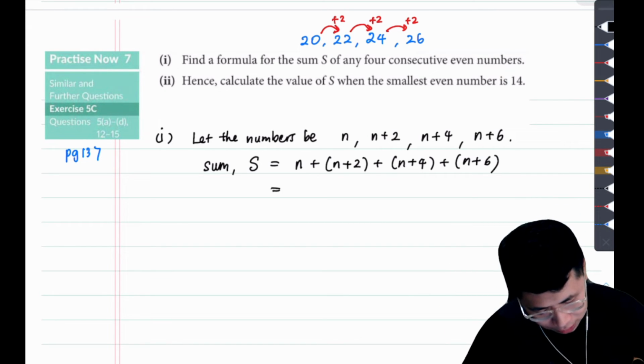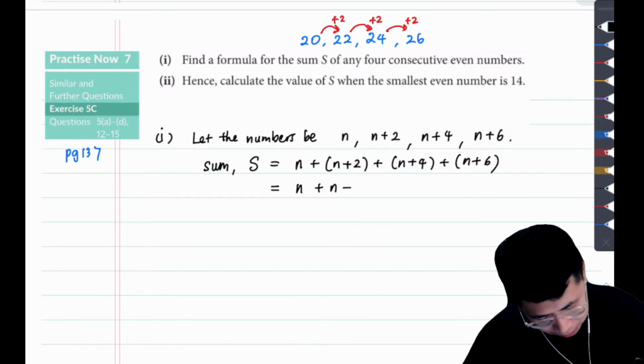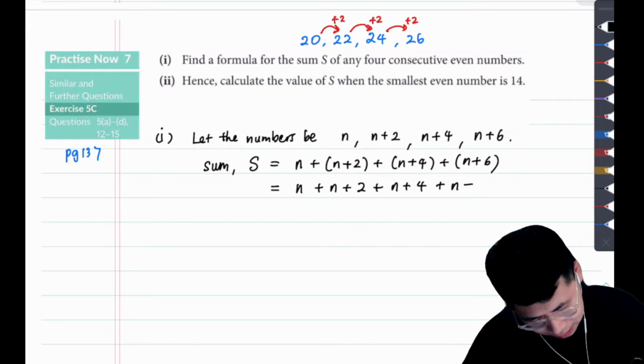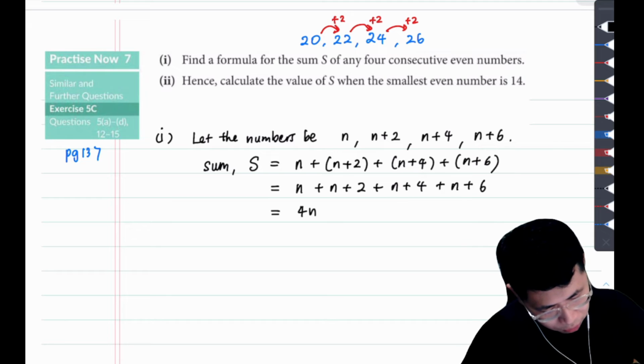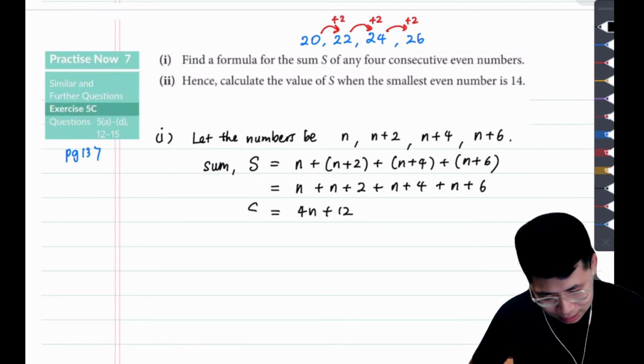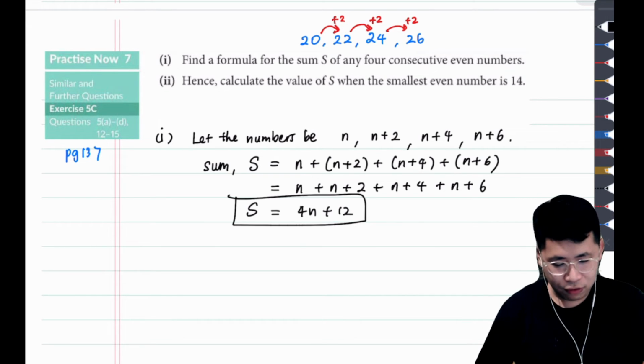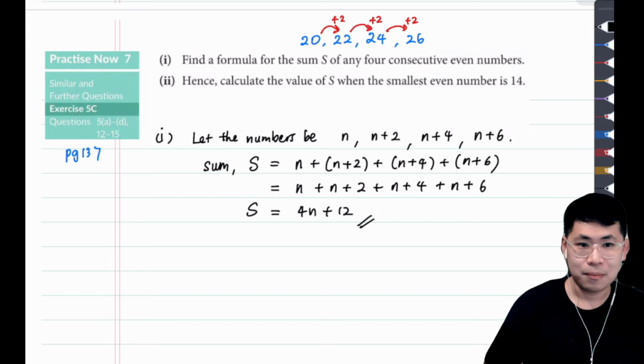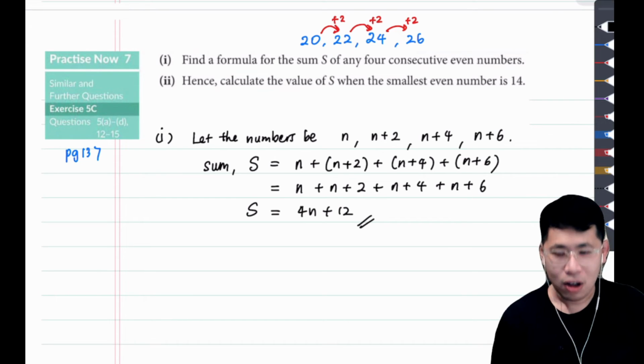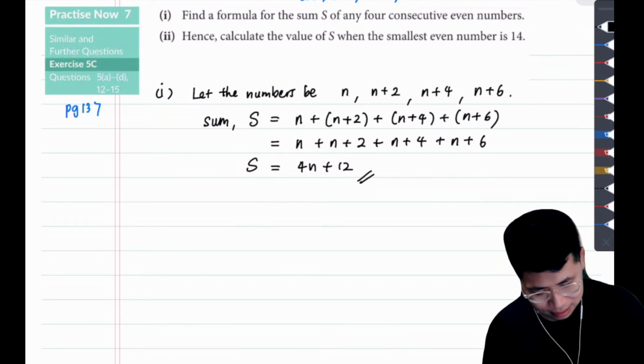So how many n's do we have? We have 4 n's. 2 plus 4 plus 6 is plus 12. So there we go, S is equals to 4n plus 12. This is our formula for S.